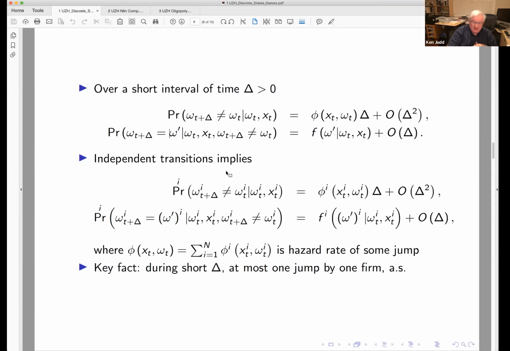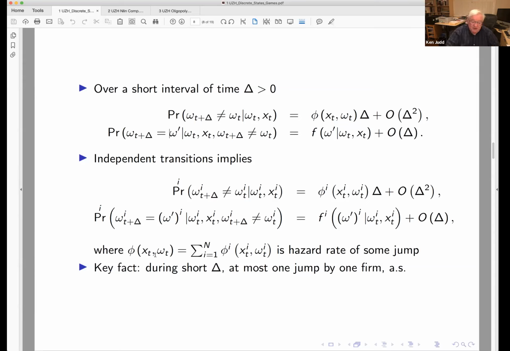Now, the other thing is that if the transitions are independent across the firms, then the joint probability of jumping is the product of the individual firms' densities.